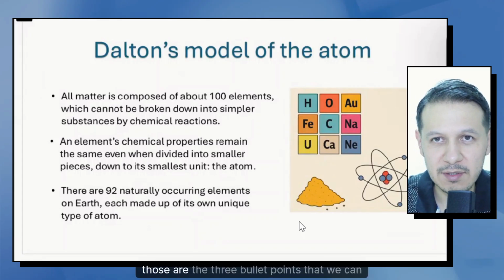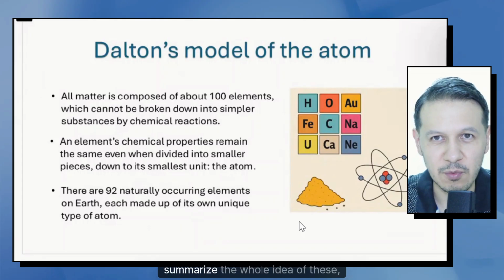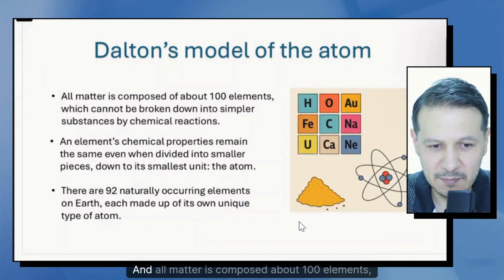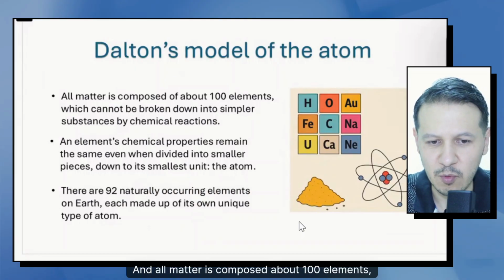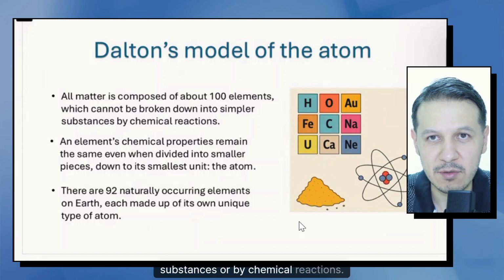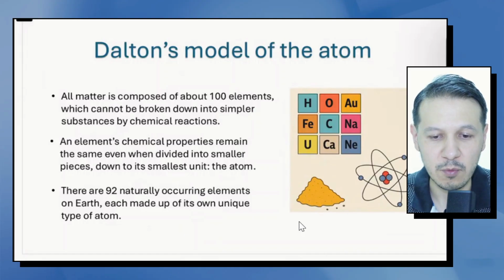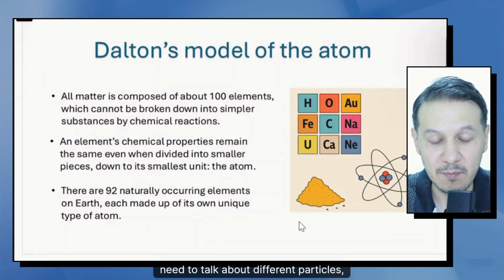So first, those are the three bullet points that summarize the whole idea of the conceptions we had at that time. All matter is composed of about 100 elements, which cannot be broken down into simpler substances by chemical reactions. So if we are breaking an atom, of course, we will need to talk about different particles.